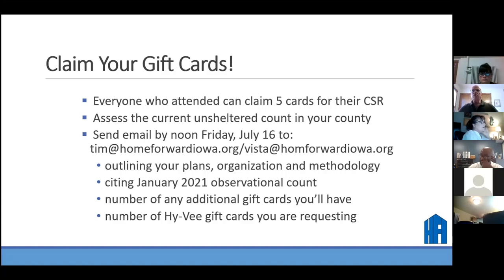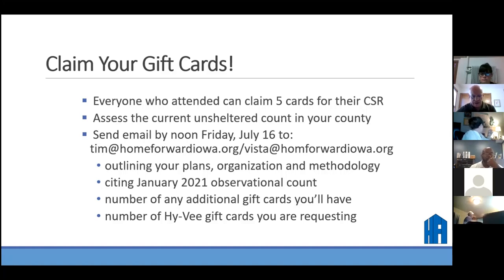The number of unsheltered in Iowa was well over 400 in the January count, but that does include cities, and we're not talking about cities here. We're going to be looking at your rural count. So that's the deal, and we'll get those out to you in plenty of time to get them out to folks.